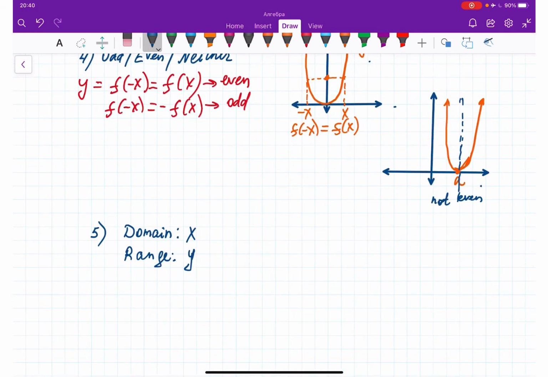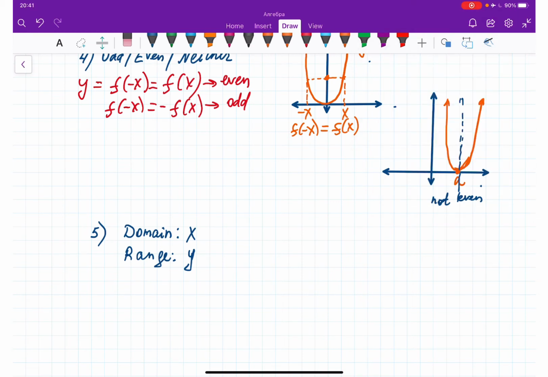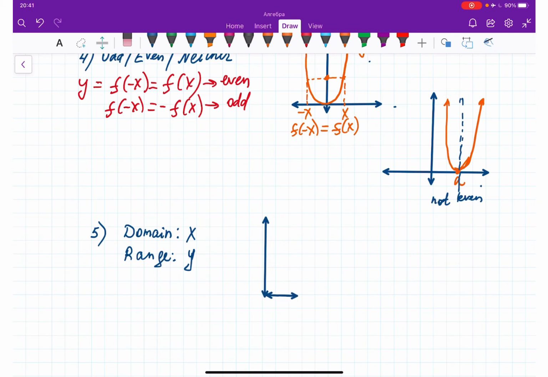How do we identify domain? Very easy. Let me explain. We have a graph here, and let's say this is part of a parabola.